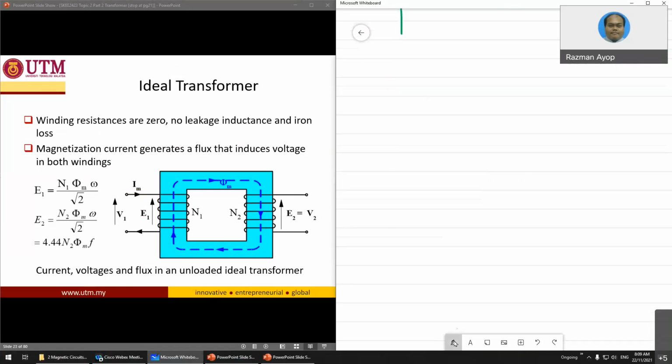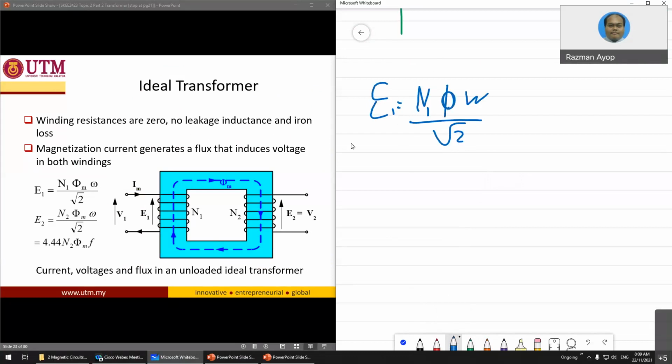Usually if they ask what the flux inside the transformer is, you have to use this formula, which is usually not given. And omega, if you recall, is equal to 2 pi f.